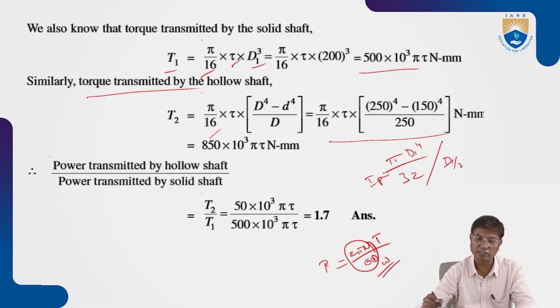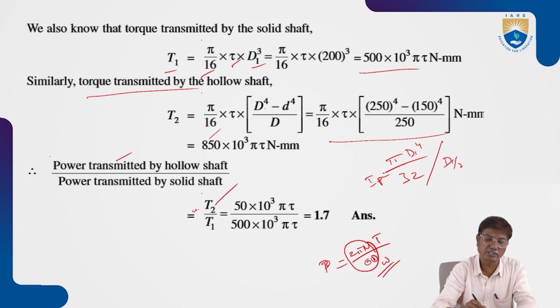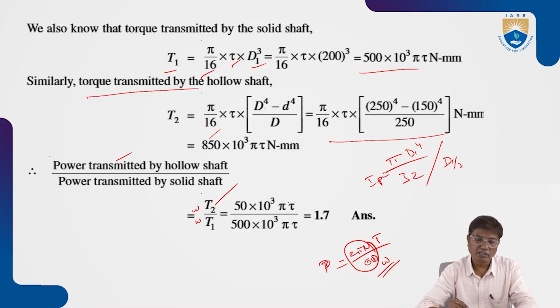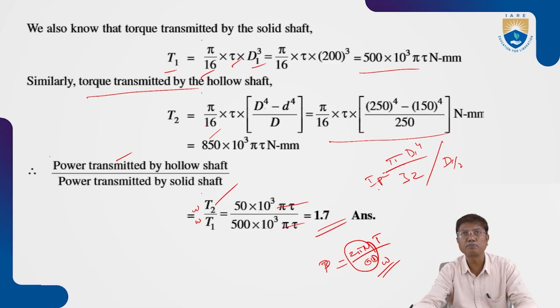So the ratio of powers is nothing but the ratio of torques, because omega is the same in both. So pi tau cancels.